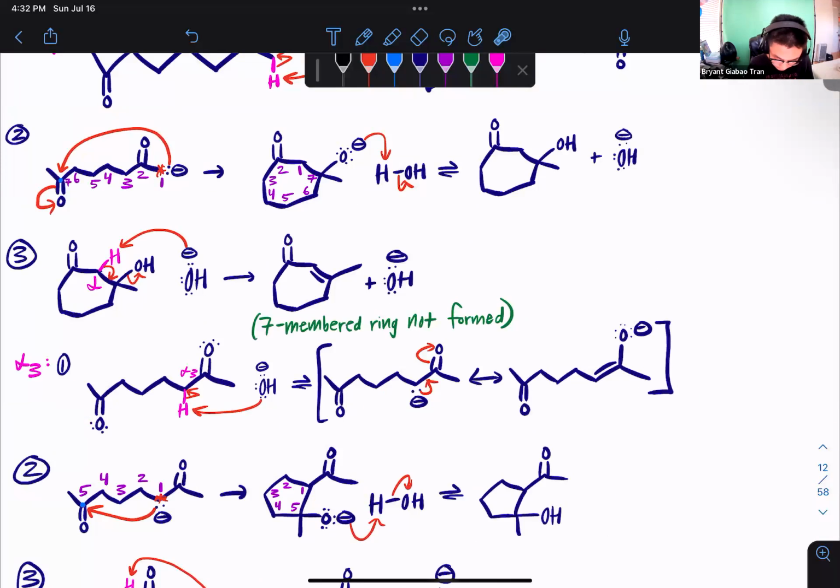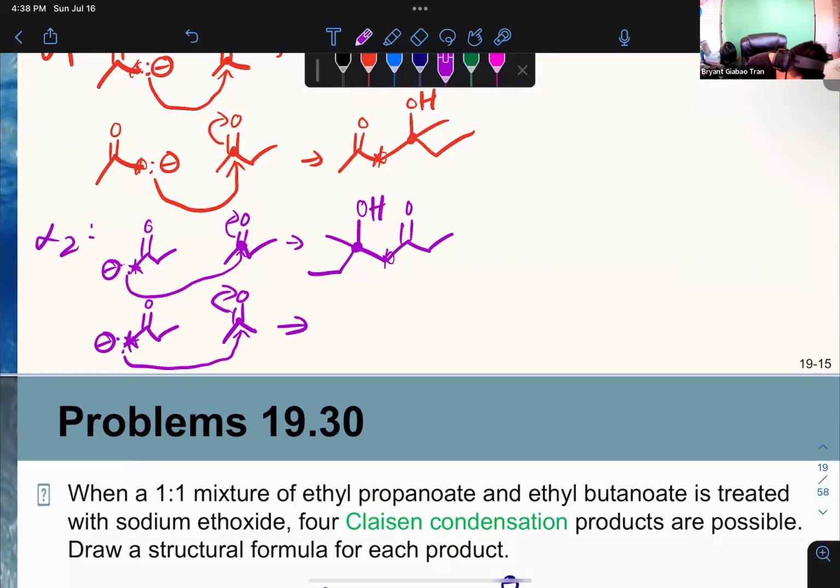And then I draw what's attached to the dotted carbon, which is an O-, ethyl, and methyl. After it gets protonated, it becomes an alcohol. Or this alpha 2 can attack the other ketone that we have. Same process. New bond between the starred and dotted carbon. O-, which becomes an OH after it gets protonated, and 2 methyl groups. So those are our other 2 products.